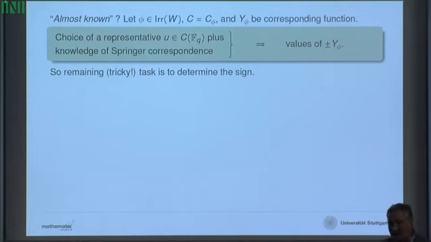It determines this up to a sign. So given phi, there is a sign such that up to this sign, I know the values of this Y function. So the whole problem of computing the Green functions is reduced to computing, for each irreducible character of the Weyl group, a sign.